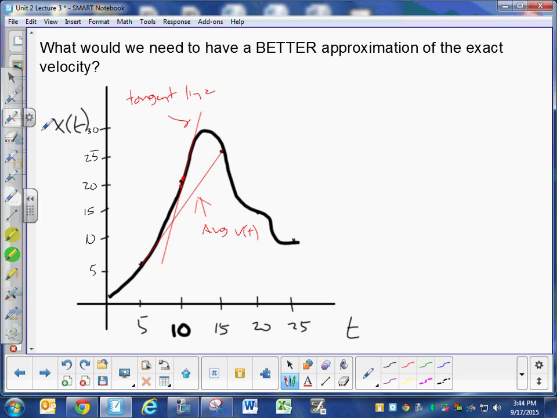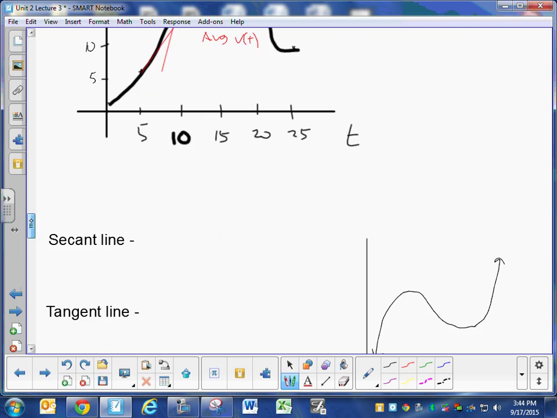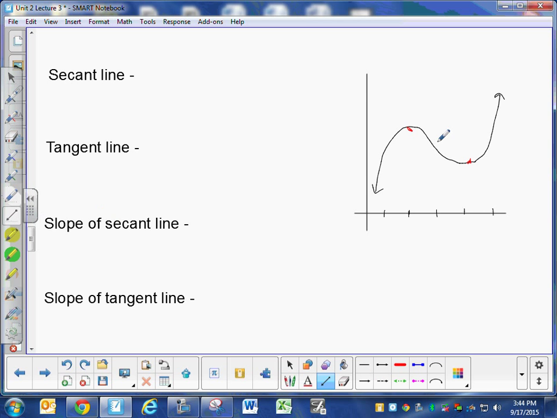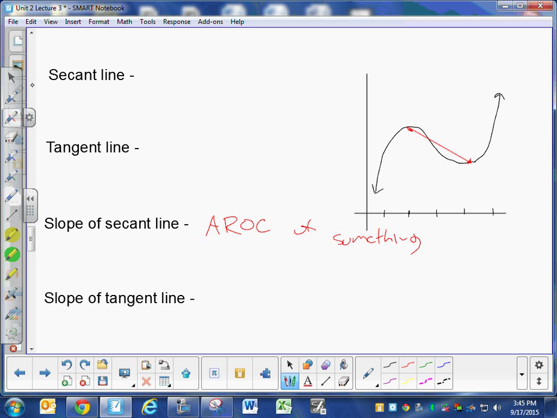Okay, now for the key to the lesson. Secant lines, we already discussed, connect two distinct points. The slope of the secant line gives you the average rate of change of something. Your tangent line is a line created by taking 2 points infinitely close together. They just touch your function.